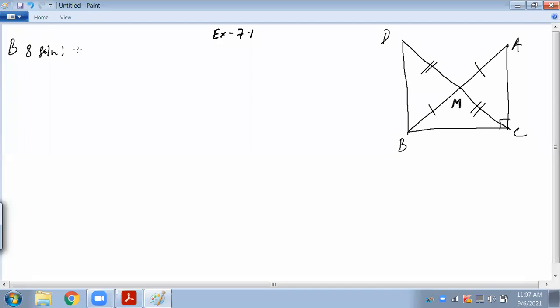Okay, let me write the given. In right triangle ABC, it is right angle C, so angle C equal to 90. Then M is the midpoint of the hypotenuse AB.